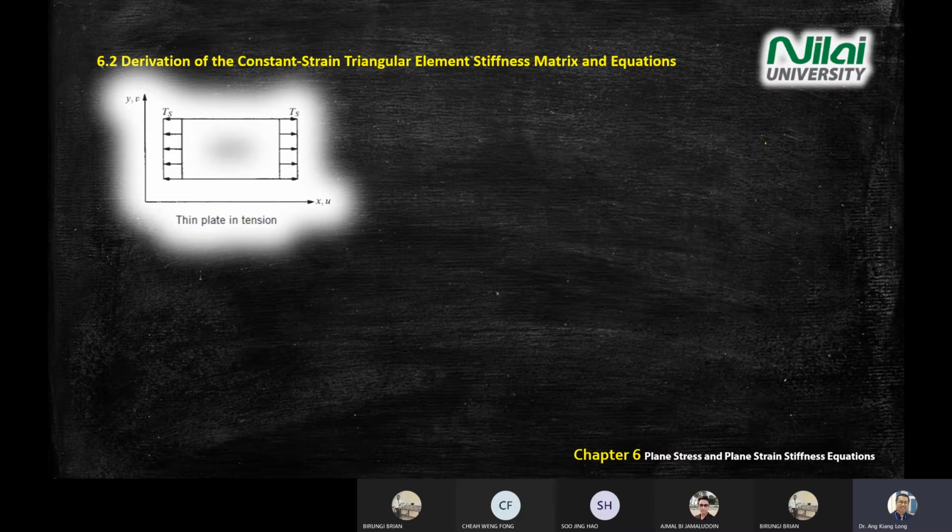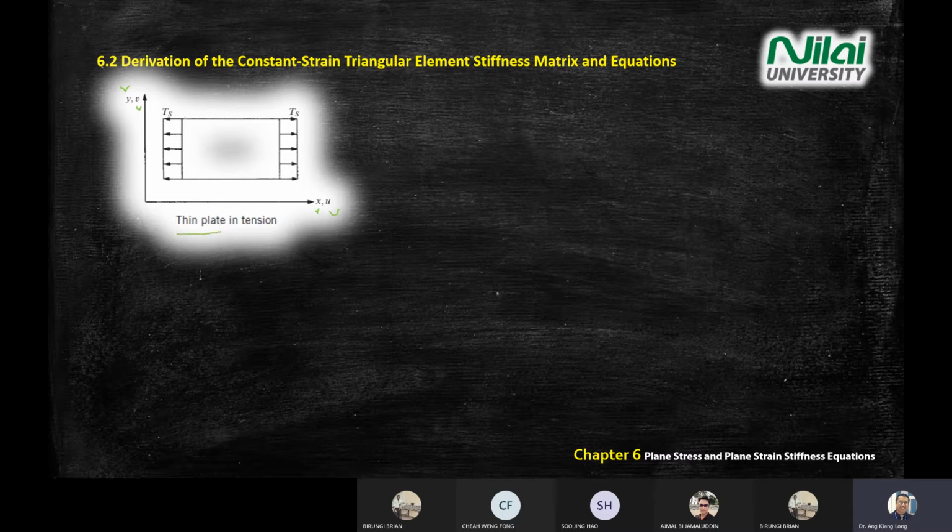Okay, let's look at this diagram. This diagram gives you y and x, and then you have v, which is the displacement in the y direction, and u, the displacement in the x direction. We have one plane here, and this plane is very thin.